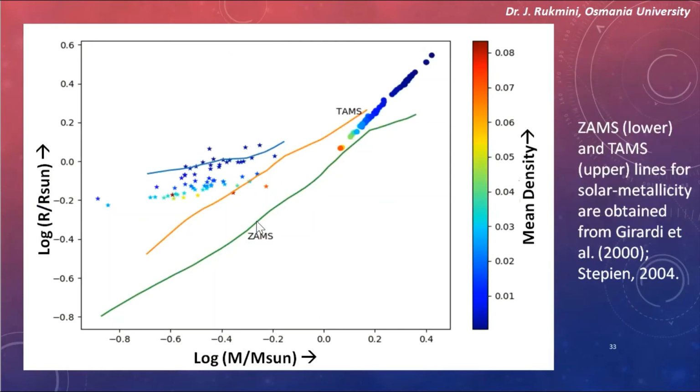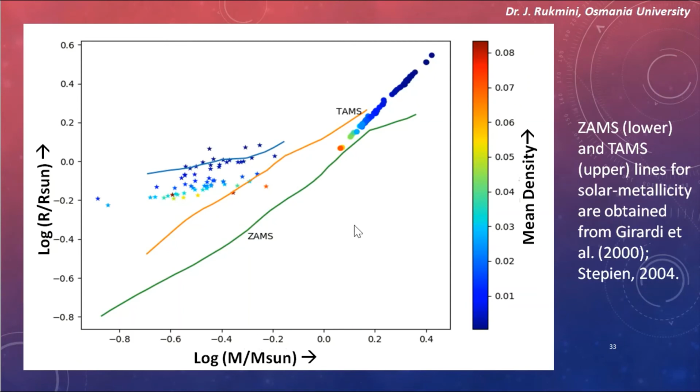Here is a plot of derived mass and radius, which is related for contact binaries, dependent on their mass ratios and periods. Here, the green, red and blue lines represent theoretical plots for single stars, individual stars.